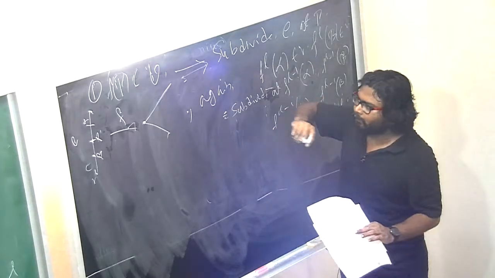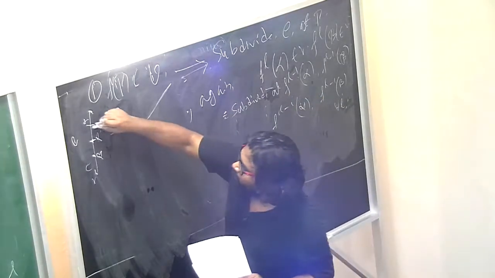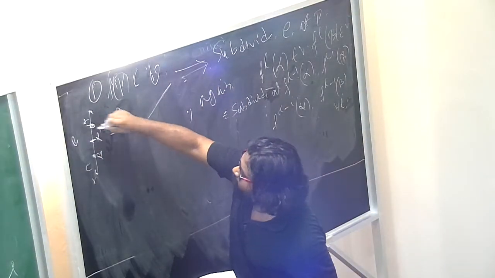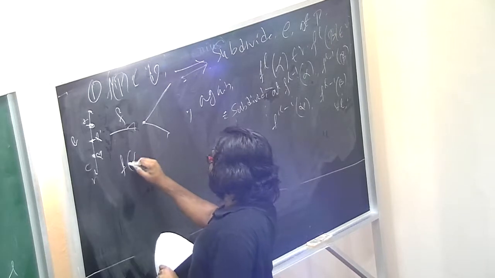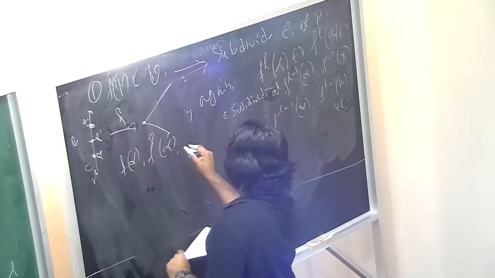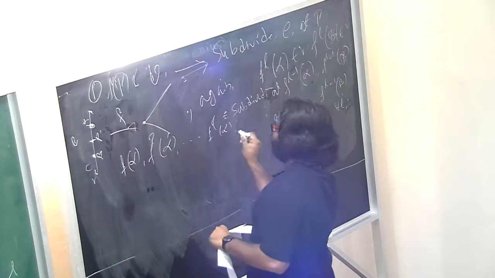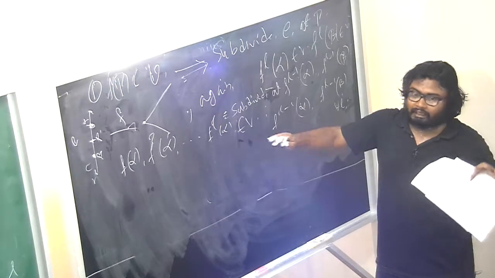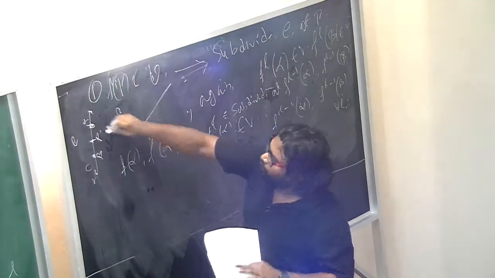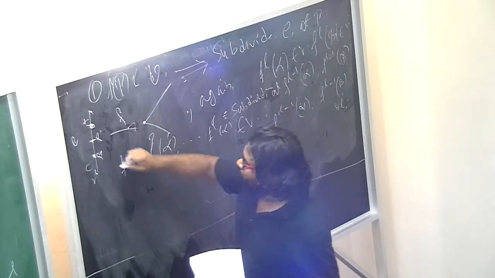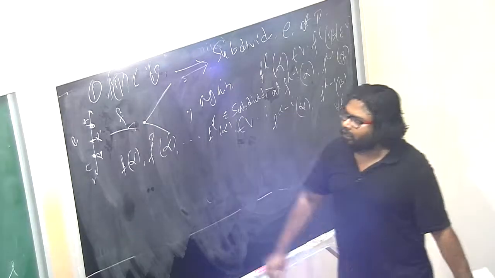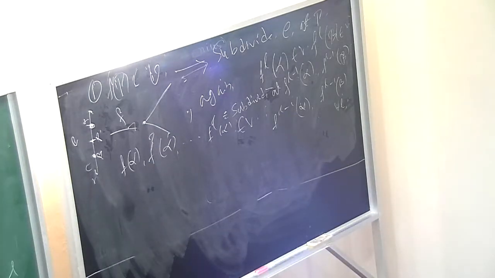What does that mean? If I go in the back direction, I have all my images f of alpha, f squared of alpha, f to the L of alpha, all inside the vertex set. That will help me induce a vertex at alpha and a vertex at beta with the same logic.